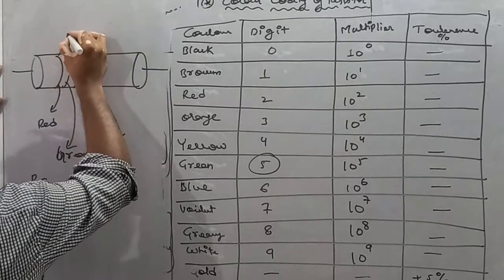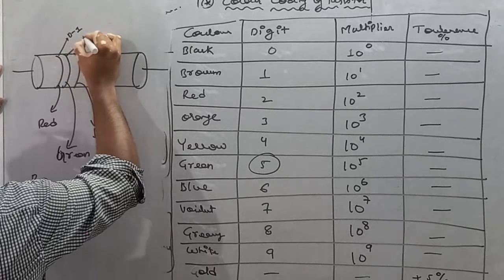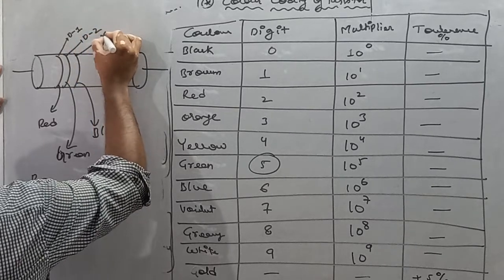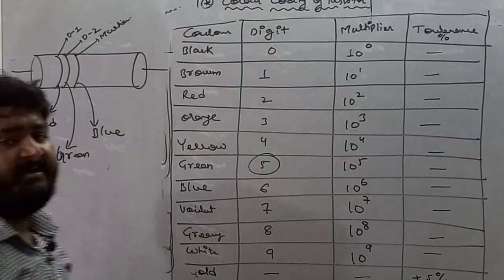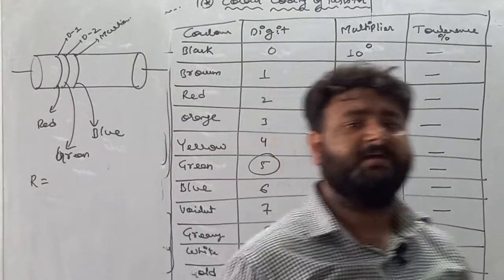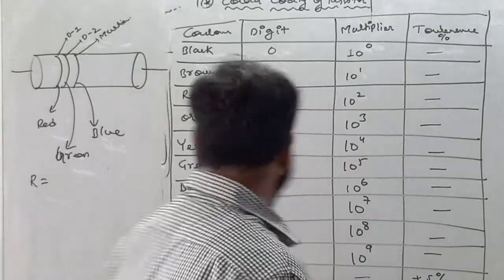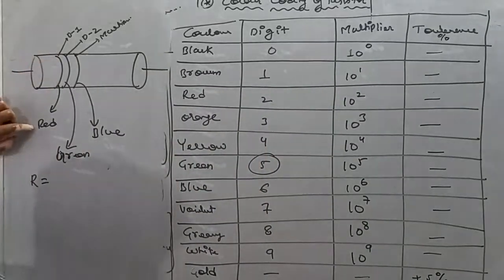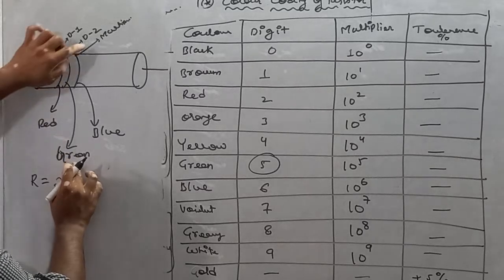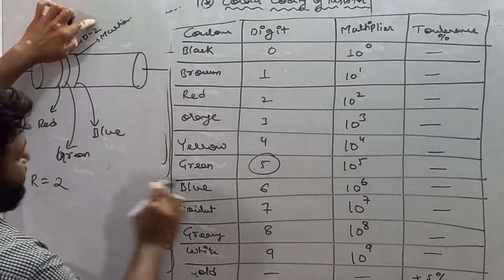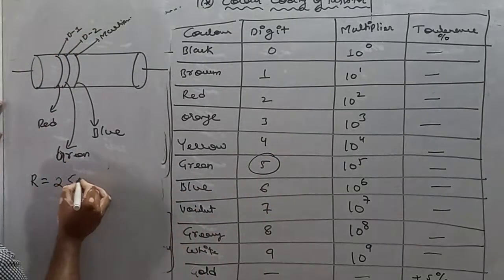See, the first band represents digit 1, the second band represents digit 2, the third band represents the multiplier, and we know that if the fourth band is missing, then tolerance will be considered plus minus 20%. So check it out. Digit 1, red is 2, so 2. Next is green, digit 2, green is 5, so 5.